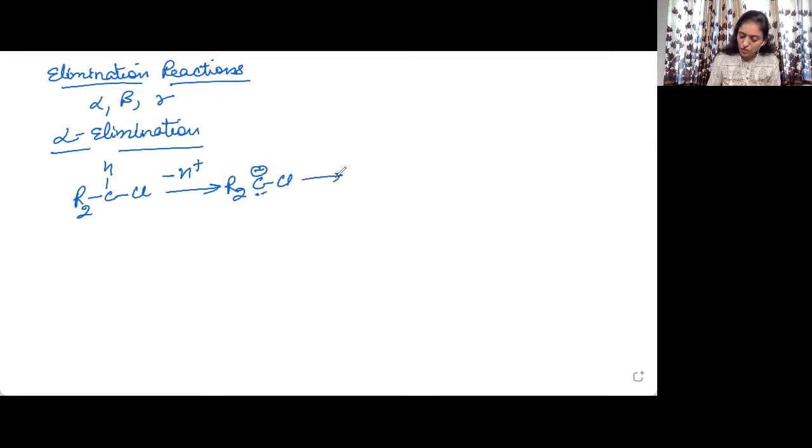Then there is loss of Cl negative. And a carbene is formed. So this is carbene. So the formation of carbene is an example of alpha elimination. Both this hydrogen as well as this chlorine, which are leaving the molecule, they are present at the same position, right? Then next is the beta elimination.